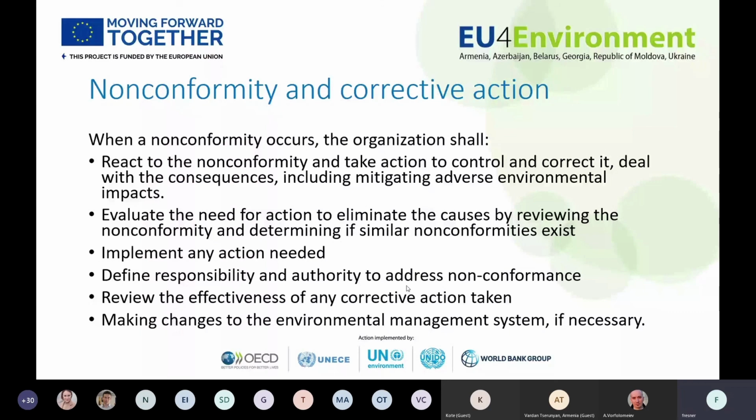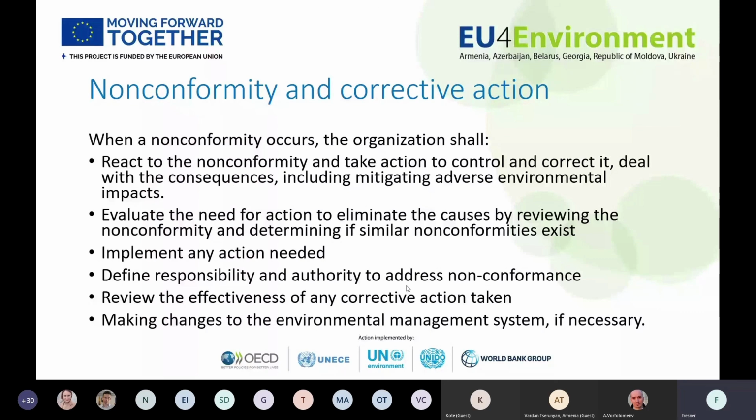It defines how we react towards this non-conformity, who reports it, who decides upon actions, who decides upon consequences. So basically it defines what happens in case monitoring shows that we are not conforming.